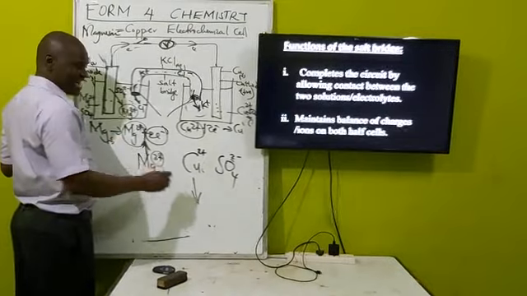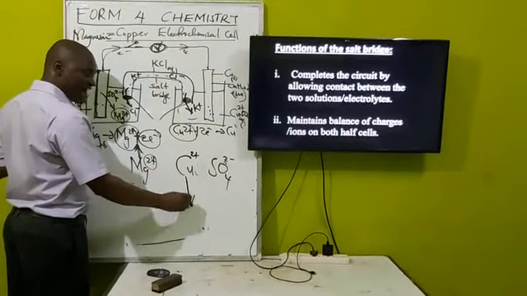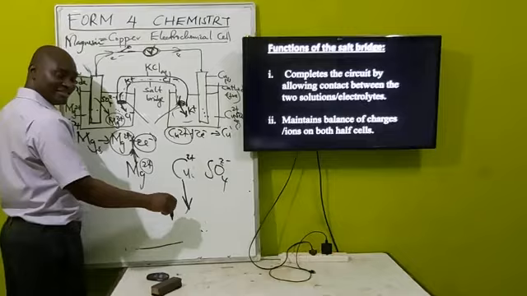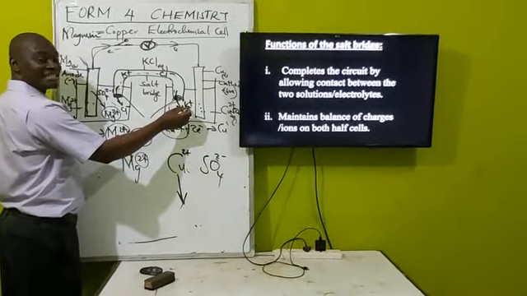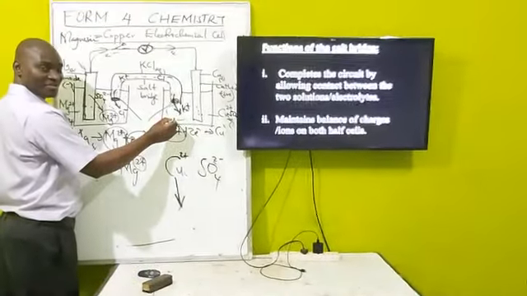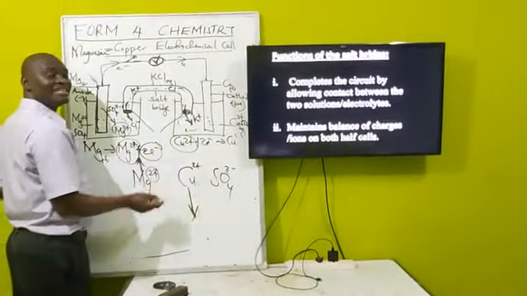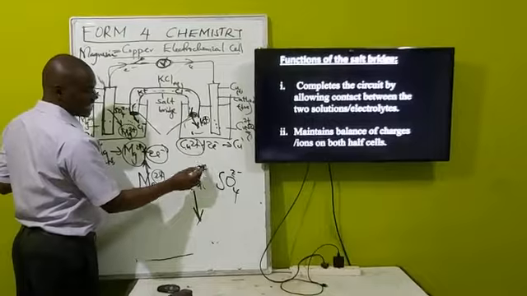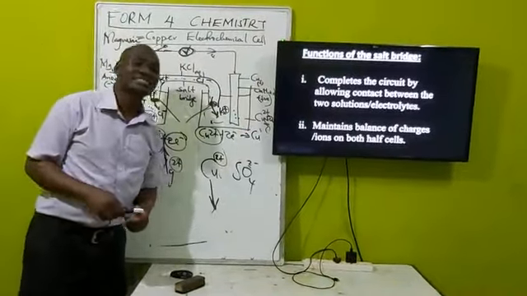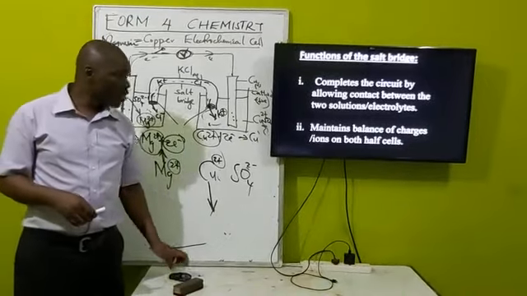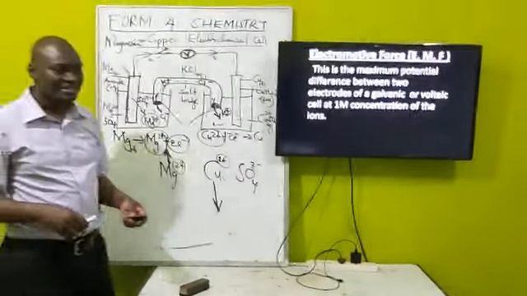As the number of copper 2 ions decreases, the number of potassium ions inside this solution will increase, maintaining the number of positive charges. So it maintains balance of the charges or ions in both half cells.